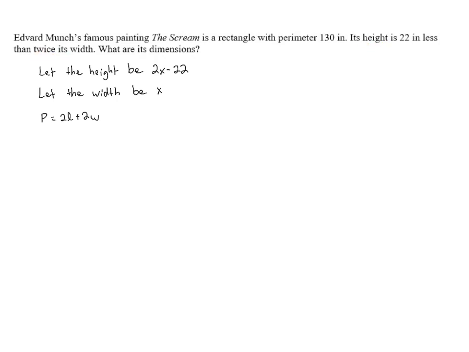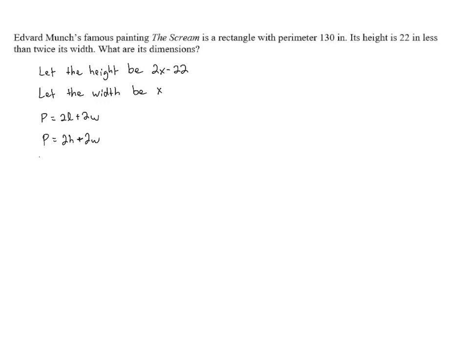Perhaps this is because a painting is usually hung on the wall, and so it's got a height instead of a length. But regardless, because the dimensions are height and width, we can rewrite this formula as P equals 2H plus 2W. It's effectively representing the same thing, except the dimensions here are height and width instead of length and width.